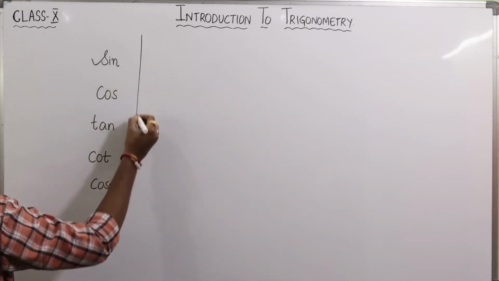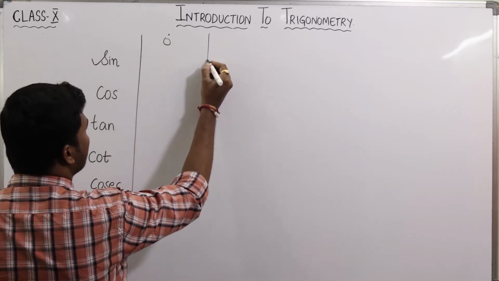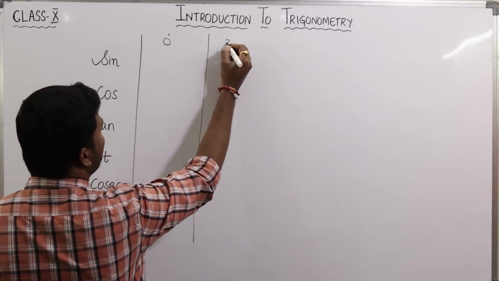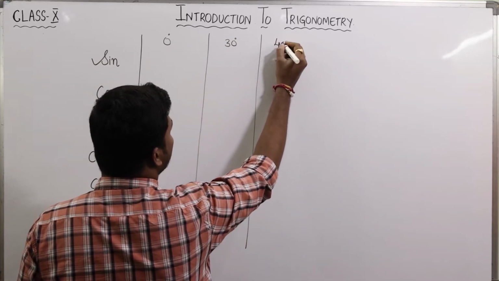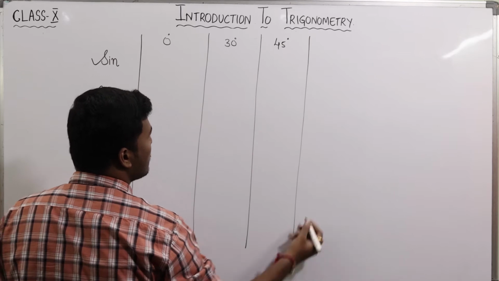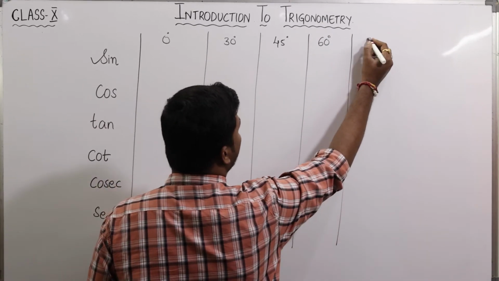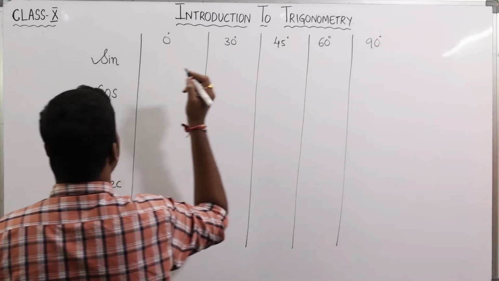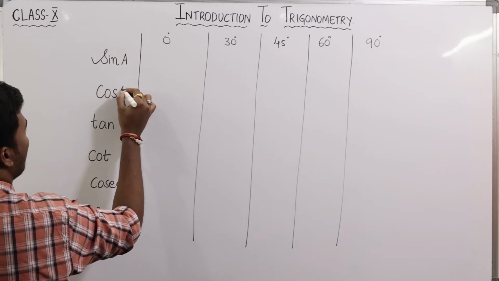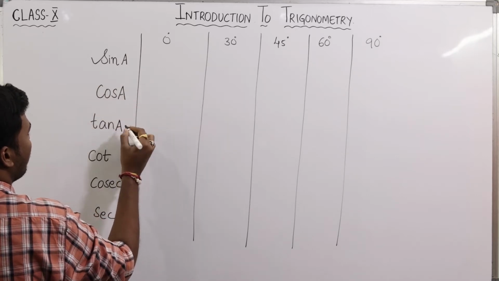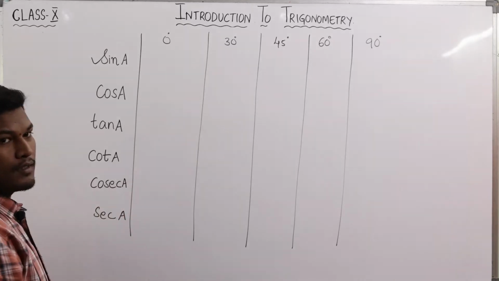Okay, so let us find the values of sine 0 degrees, 30 degrees, 45 degrees, 60 degrees and 90 degrees. Okay, so sine of A indicates the angle. So cos of A indicates the angle, tan of A, cot of A, cosecant A as well as secant A.